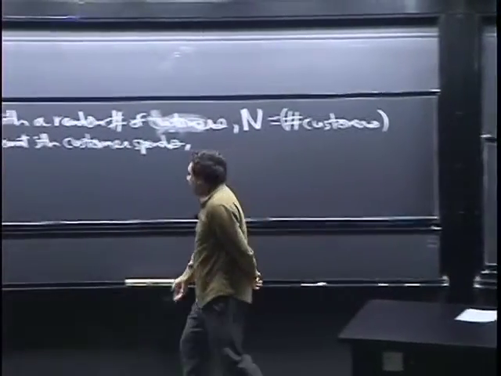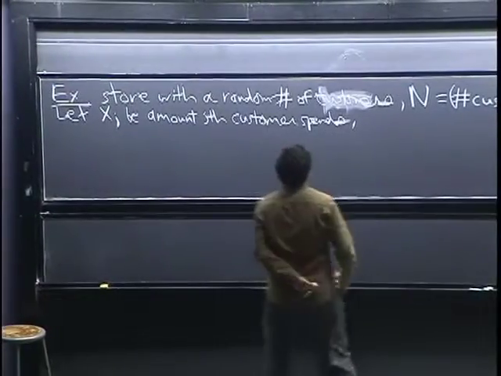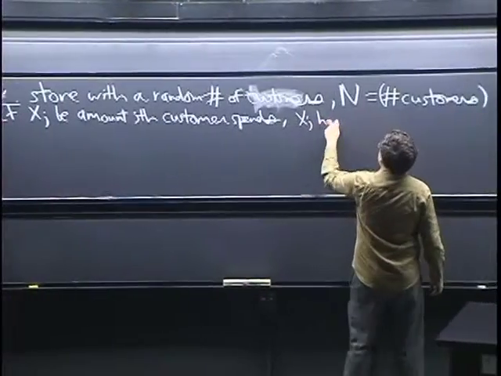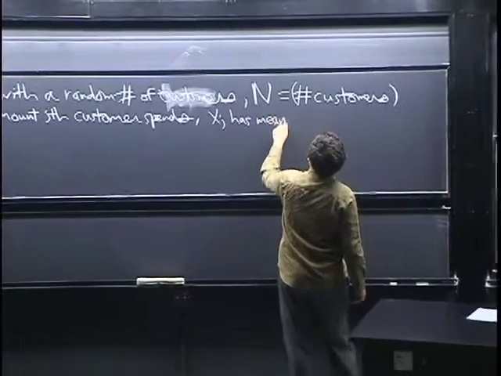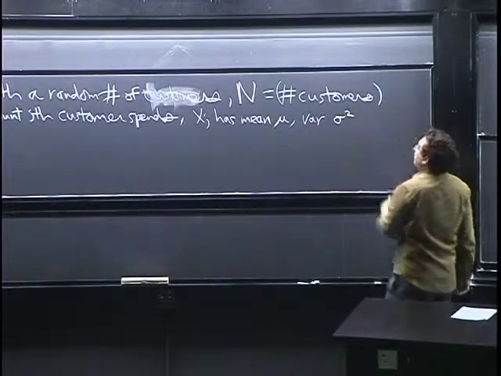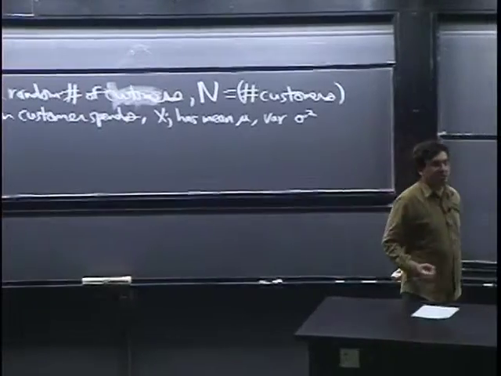I'll just say that's N, and xj is the amount the jth customer spends, and let's assume xj has mean mu and variance sigma squared. So I'm assuming that they all have the same mean and variance for how much the customers spend.